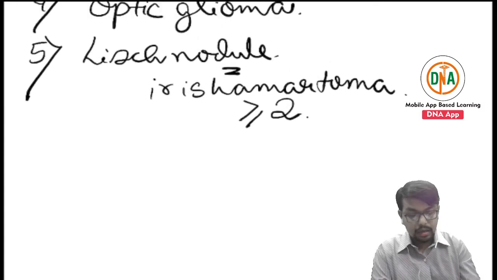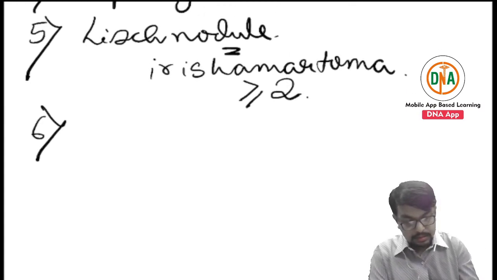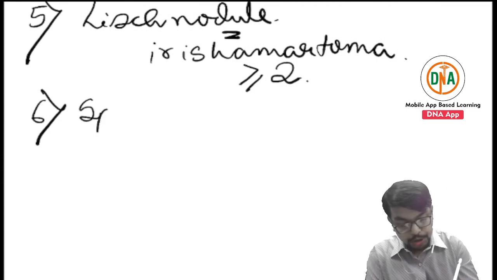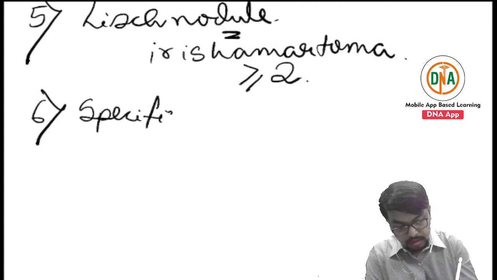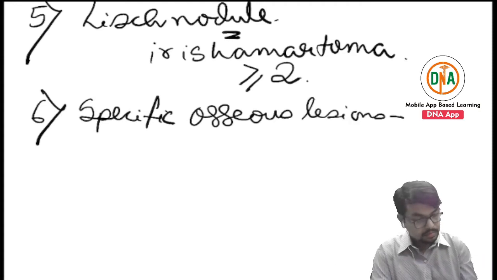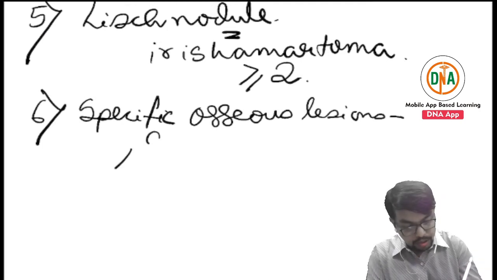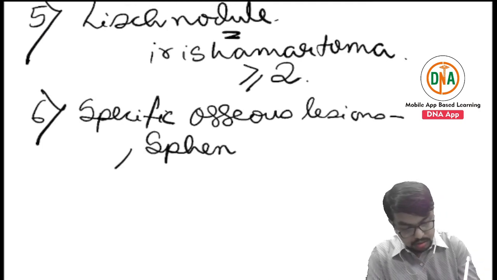What are the other diagnostic criteria? Number 6, specific osseous lesions, specific bone lesions. These are 3 in number. One is sphenoid wing dysplasia.